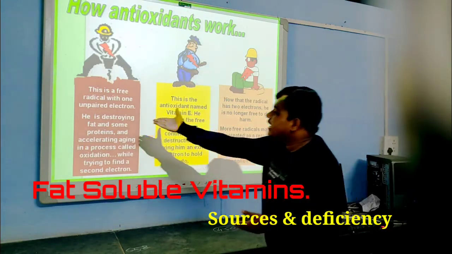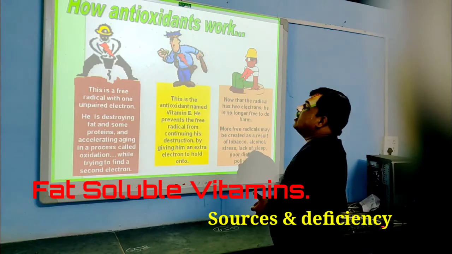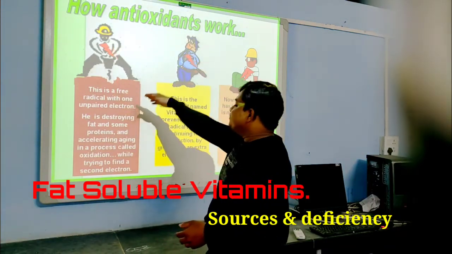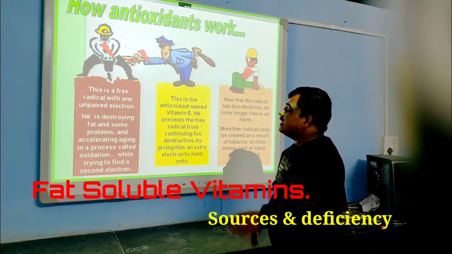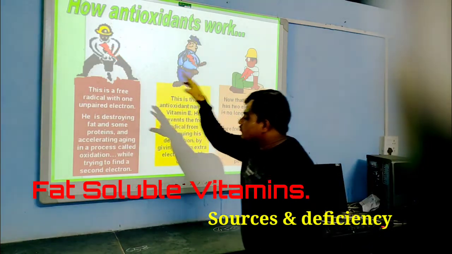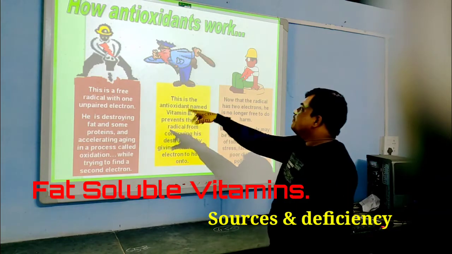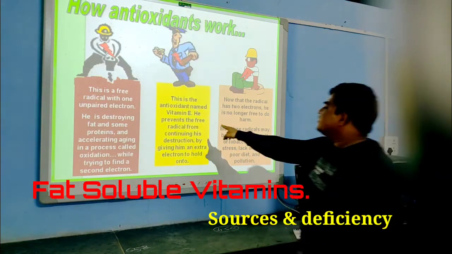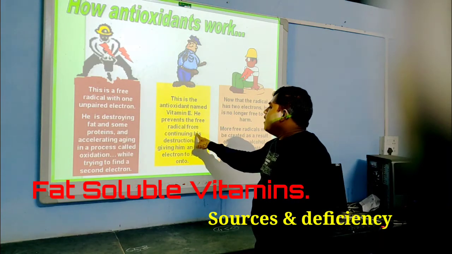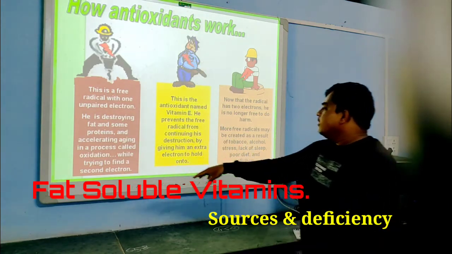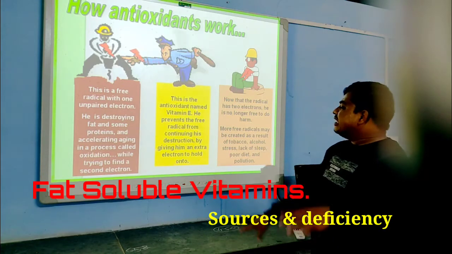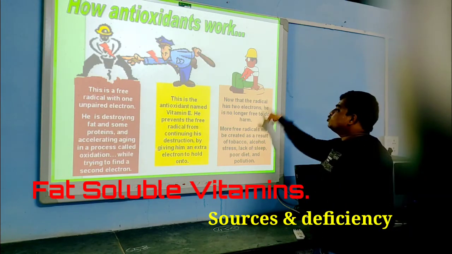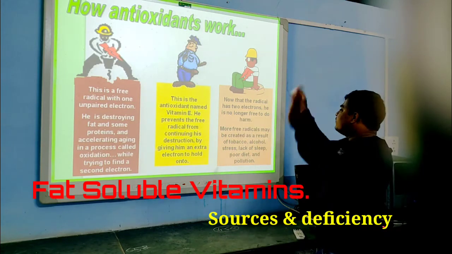So see, this is a free radical with one unpaired electron, and it is destroying fat and some proteins and accelerating aging in a process called oxidation, while trying to find a second electron. Okay, and this is the antioxidant named vitamin E. It prevents the free radical from continuing its destruction by giving it an extra electron to hold on to, and now that the radical has two electrons, it is no longer free to do harm.